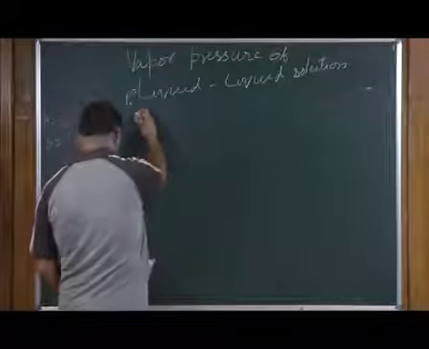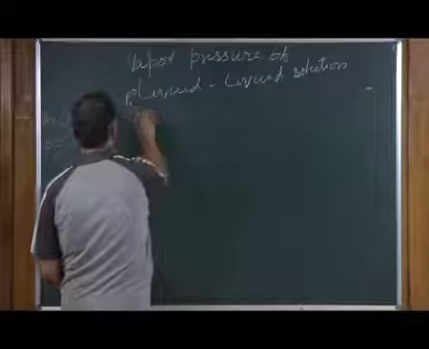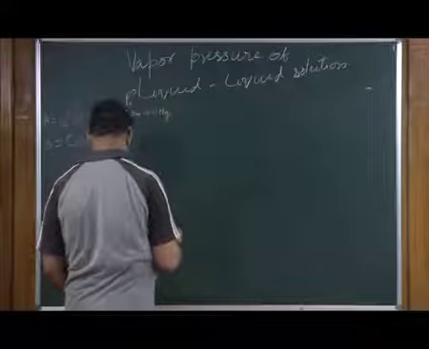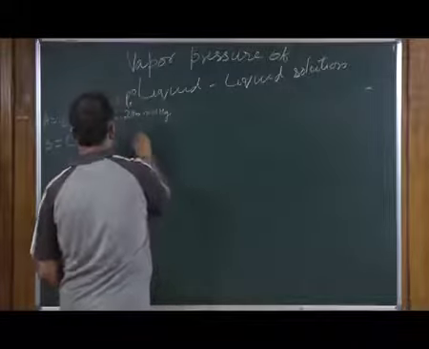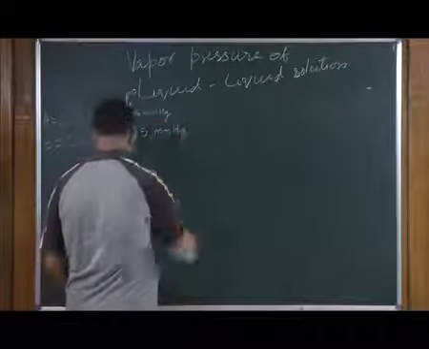So, PA0 is going to be 200 millimeter Hg and PB0 is going to be 415 millimeter Hg.